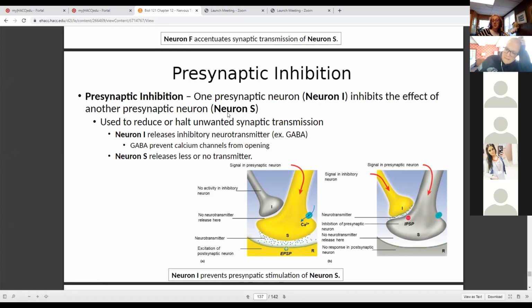The result is that neuron S, because the calcium channels don't open, is not going to secrete neurotransmitter.